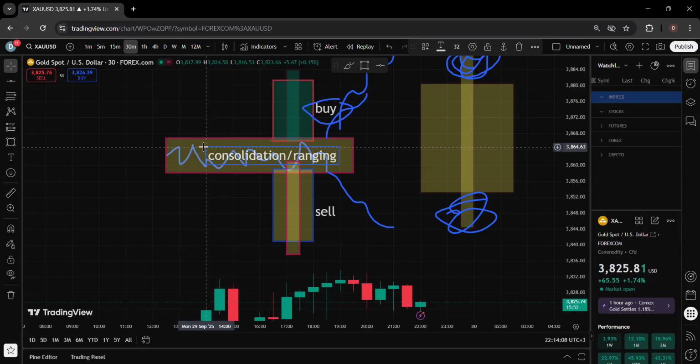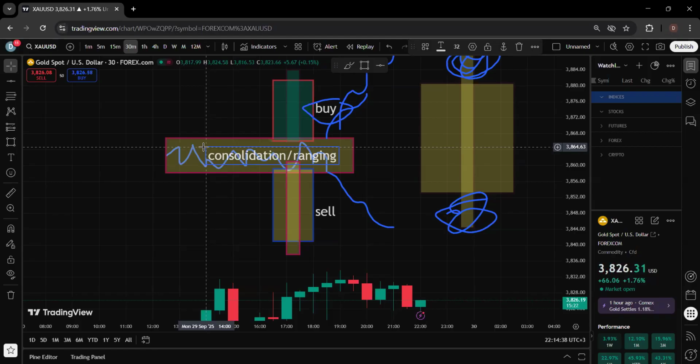Does the size of the body or the wick matter when considering the consolidation and the breakout? Don't worry about the wick. Don't worry about the size of the body which has broken.